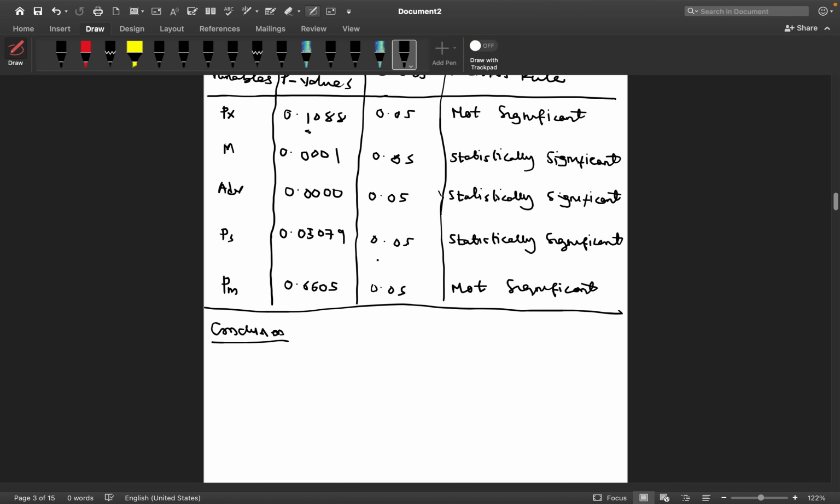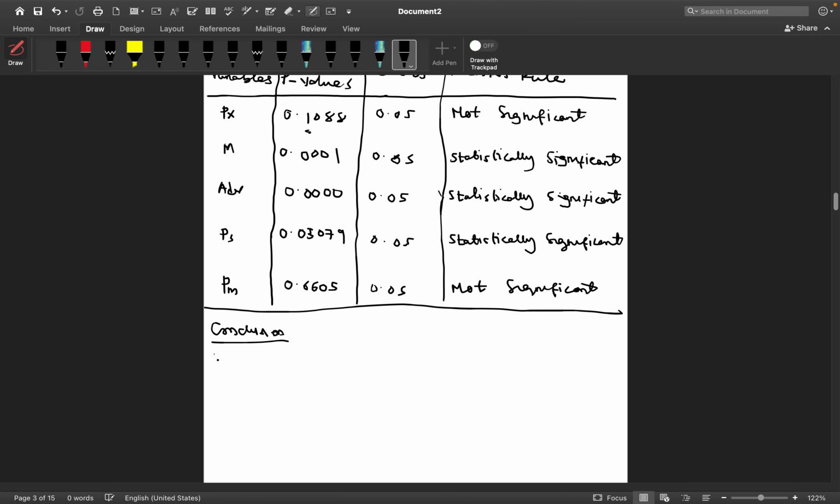With significance levels, we can be given 10%, 1%, or 5%. They gave us 5%. So the total percentage is 100. So 100 minus 5 gives us what? 95%. If you are given 10%, 100 minus 10 gives you 90%. If you are given 1%, 100 minus 1 gives you 99%. So here we're given 5%, so 100 minus 5 gives us 95.